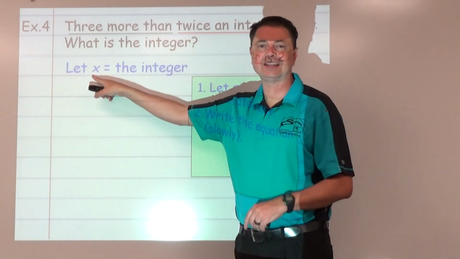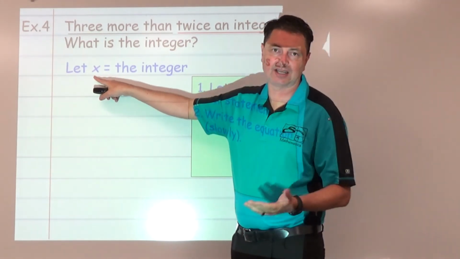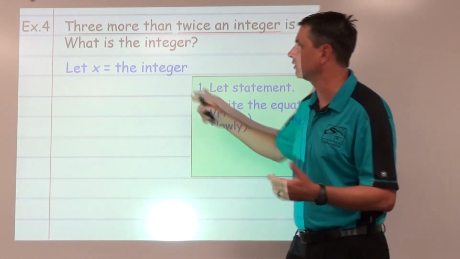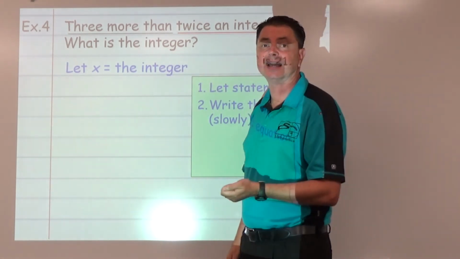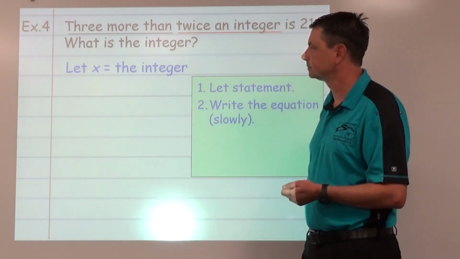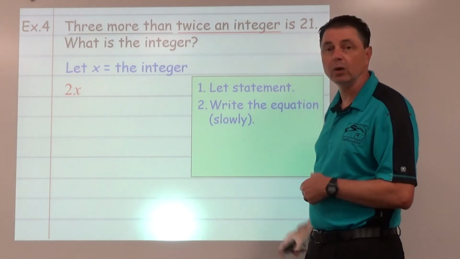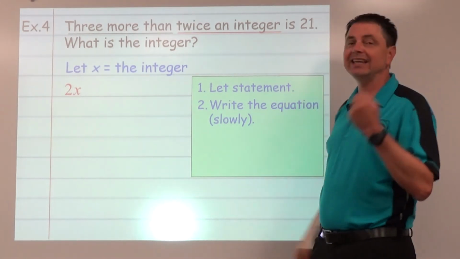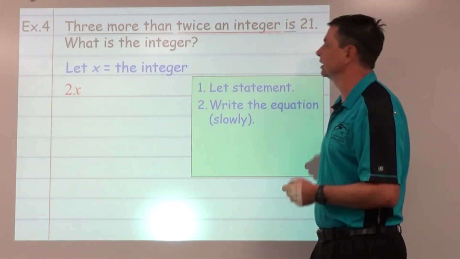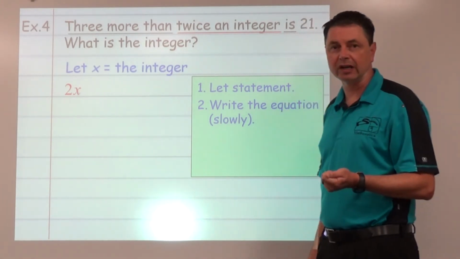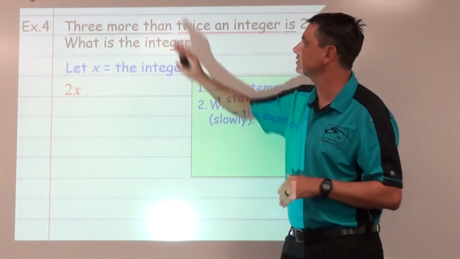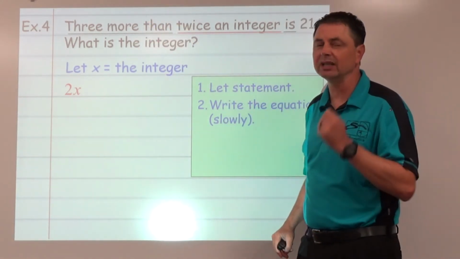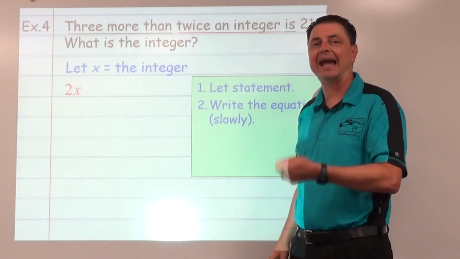Well, we just said that it was x, or maybe you had said that it was n or q or whatever. So we're going to say 2 times x, and we could just write that as 2x. All right, what comes next in reading is, and is the barrier here. Is the equal sign here, so we can finish off what's left by going back to this. 3 more than doesn't really mean 3 plus, it means to add 3.